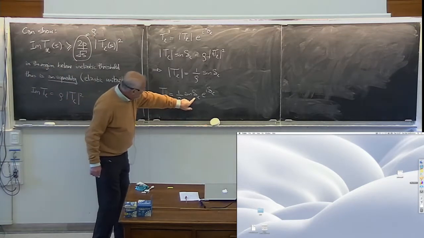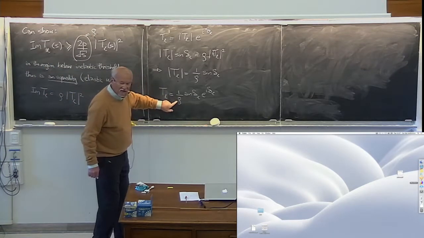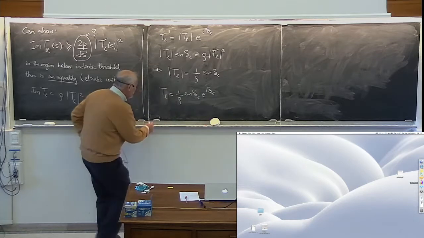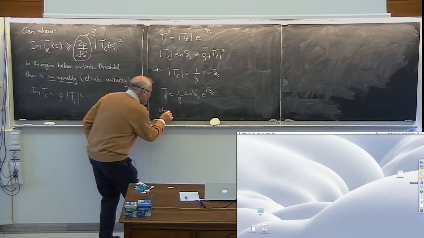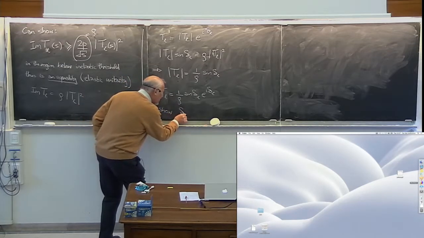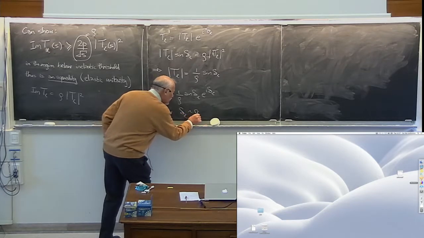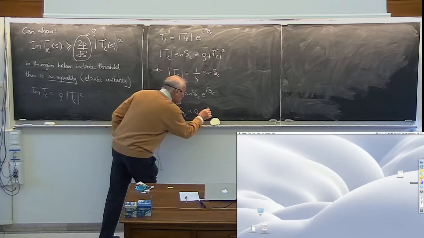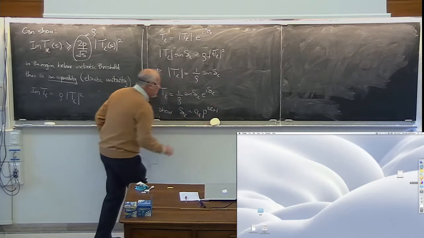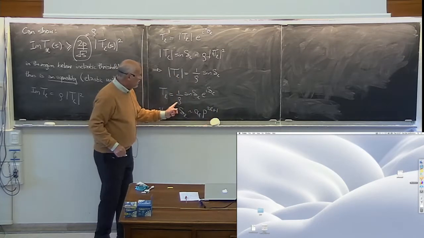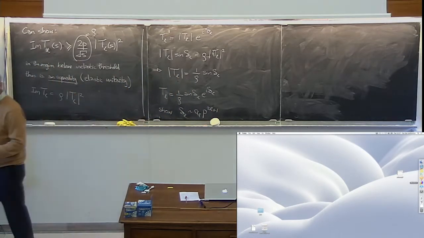Well then, you've got a 1 over 0 here, and you might worry about that, but you can show that delta_L, these phase shifts, go like a constant times the momentum to the 2L plus 1. So they have more than enough powers to take care of this, so the answer is finite.